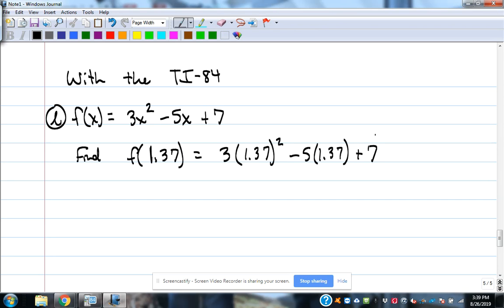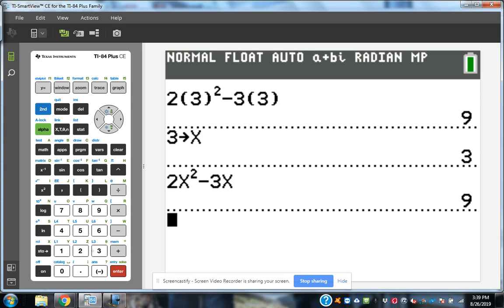So what I'm going to do is I'm just going to type that into the calculator just like that. So I'm typing in 3 parentheses 1.37 close parentheses, and then I'm squaring that, minus 5 parentheses 1.37, what I'm putting in the place of x, close the parentheses, and then plus 7.